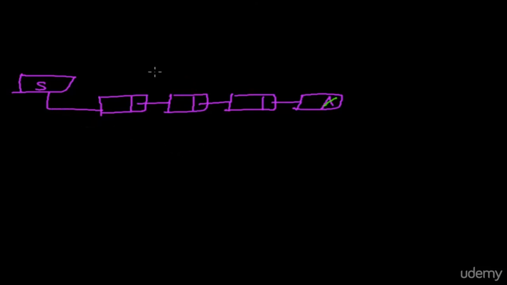Now say this is a linked list with nodes number 0, 1, 2 and 3, and in node 3 the link part is null. We want to insert a new node here. So what will we do? We will take a temp node and copy the address of the second node, but this address is present in the link part of the first node. So we will copy the link part of the previous node, that is the first node, into the link part of the temp node.